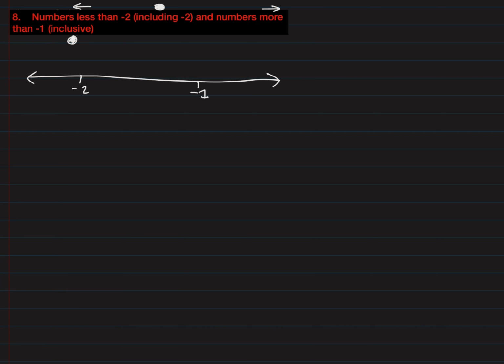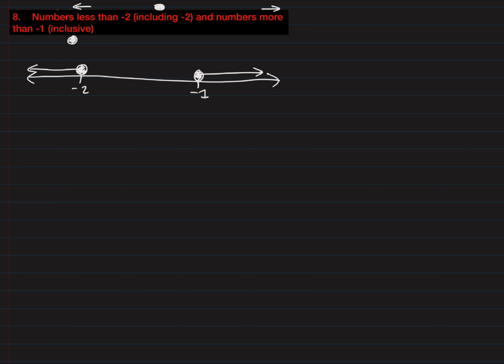We have numbers that are less than -2. So again, it's shaded in because -2 is included, and we're going this way. And we have numbers that are more than -1, where -1 is included over here. So this is our interval.